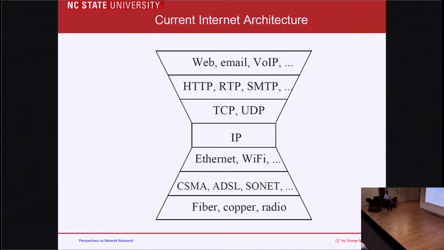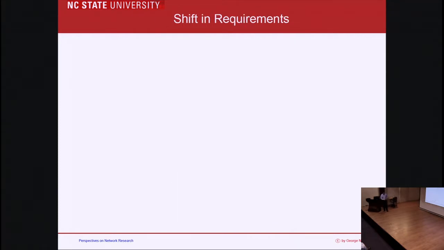This is the narrow waist, the convergence point. As long as you have IP, you can be pretty sure that any protocol will run on top of it, and any transport technology is going to run under it. But does that mean that this has solved all the problems? The answer is actually no.